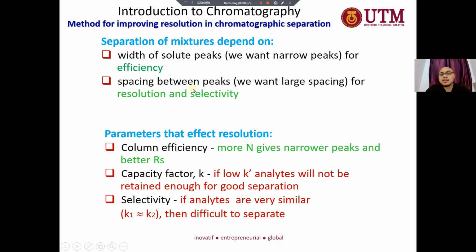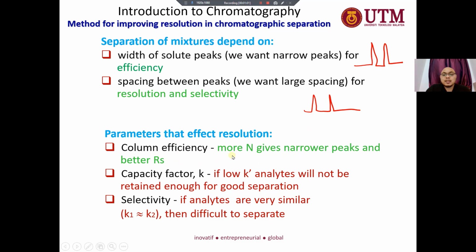High resolution and selectivity is when we are able to separate or get the baseline between peaks. So here we want to get a sharper peak. In the spacing between peaks, we want the baseline to be large. The separation between two peaks or two analytes, we want it well separated.